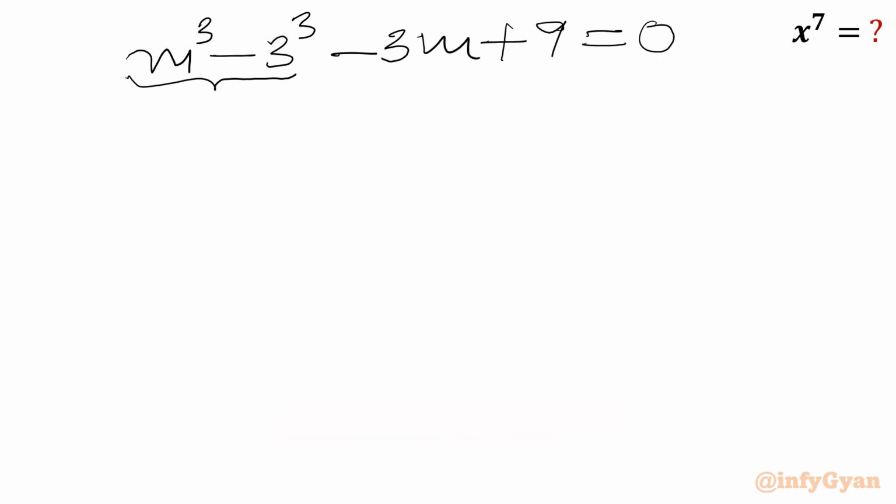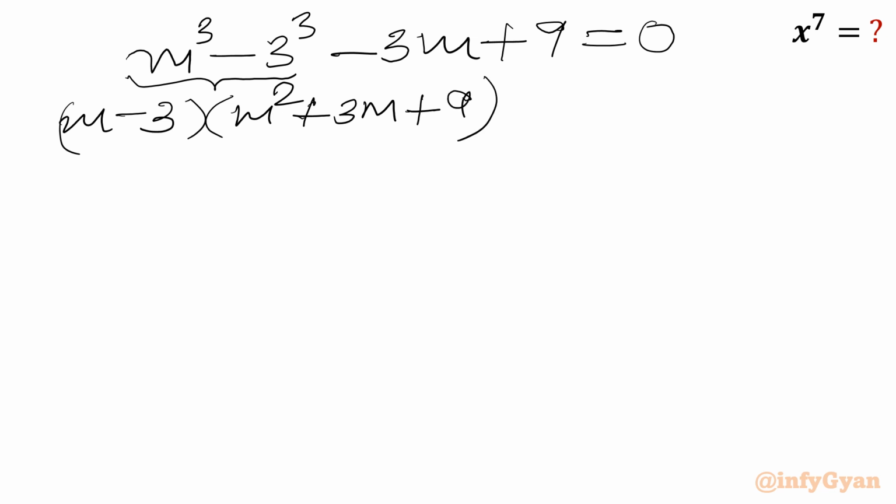Now here we can apply the a cube minus b cube identity. So I will write (m minus 3) times (m square plus 3m plus 9), and here I will take minus 3 common. So we will get (m minus 3) in the bracket equal to 0.